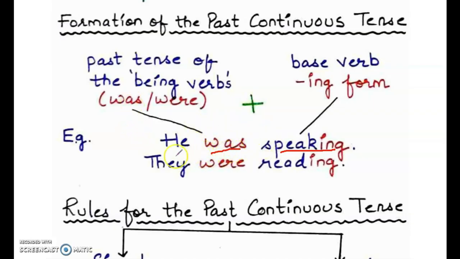So, if it is singular, we will use was plus base form plus ing. We have to use the ing form of the base verb. Speak plus ing. It will become speaking. He was speaking. They were reading.